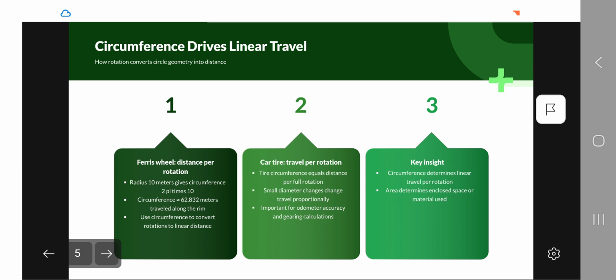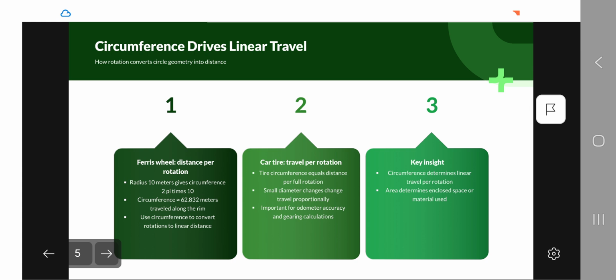Number two is a car tire, travel per rotation. The circumference equals distance per full rotation. So small diameter changes change travel proportionally. It's important for odometer accuracy and gearing calculations.